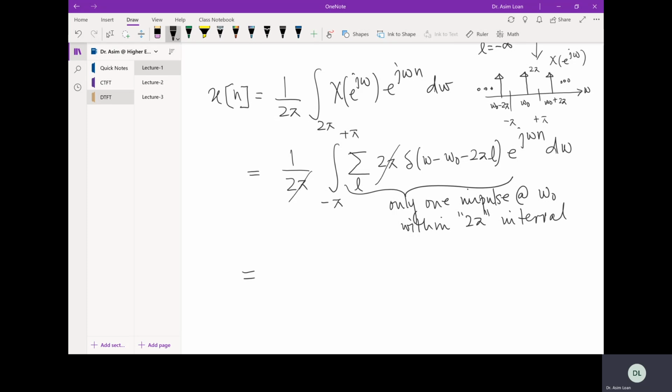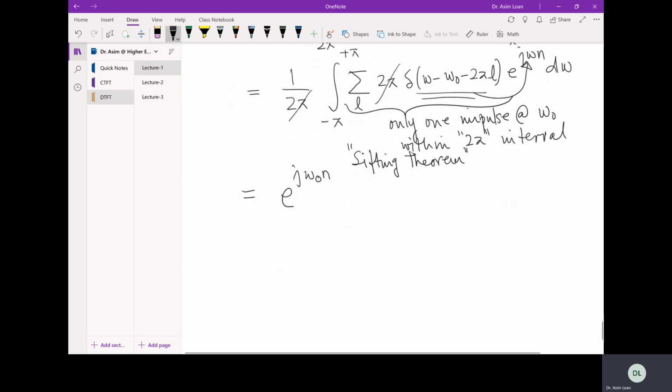So I'm left with, if I apply the shifting theorem, this integral is going to be equal to the value of the delta function at where the delta function occurs. So this is equal to the value of the exponential where the delta function occurs. So this is e^(jω0 n).